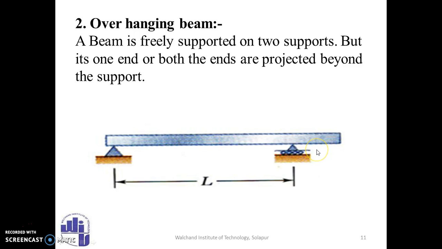There are two types of overhang beam. If you observe this figure, this is one side overhang beam. If same projected beyond the support, means another overhanging portion is present at this support, so we call that both side overhang beam.